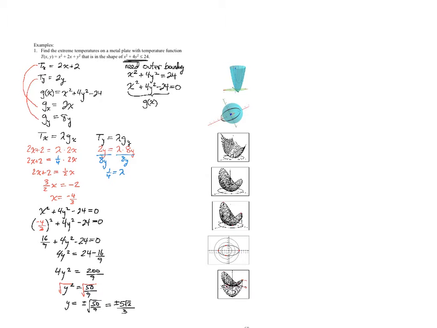But now what I want to do is flesh out, well, it could be an extreme value, it could be a max or a min. So if there is an extreme value, it must come from this set of numbers, the x value of negative 4/3 and the corresponding values of y. So now I go back to my original function and pop them in and see what I get.